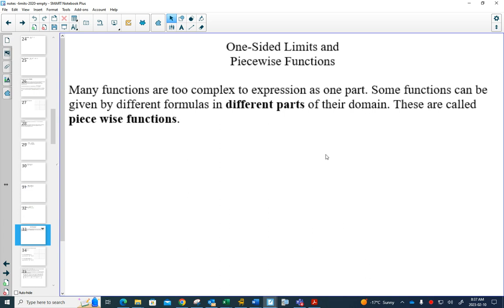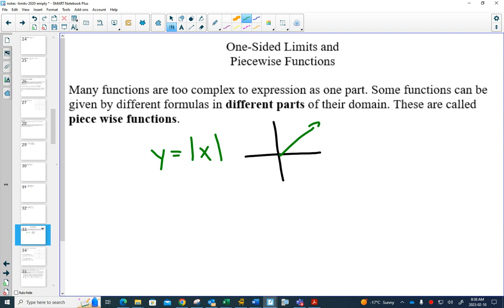So, for example, the most common piecewise function that's introduced to you early is the absolute value of x. Do you remember that from grade 12 being a graph that looks like this, a V-shaped graph? Now, technically, an absolute value is just two straight lines joined together.